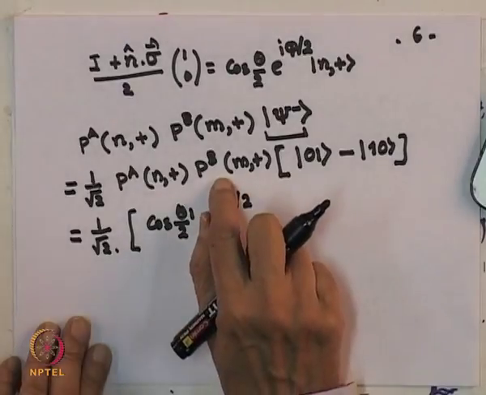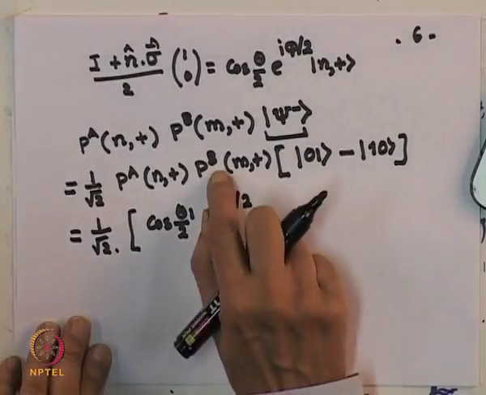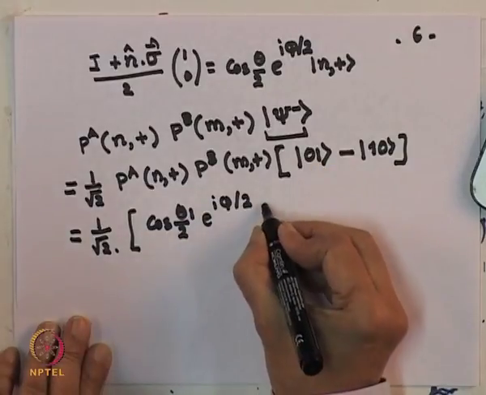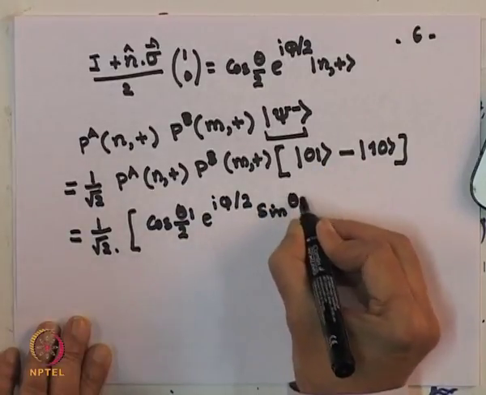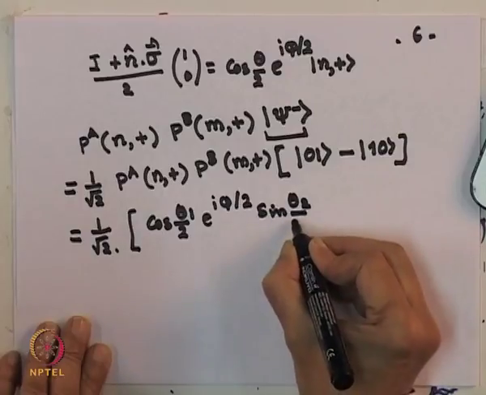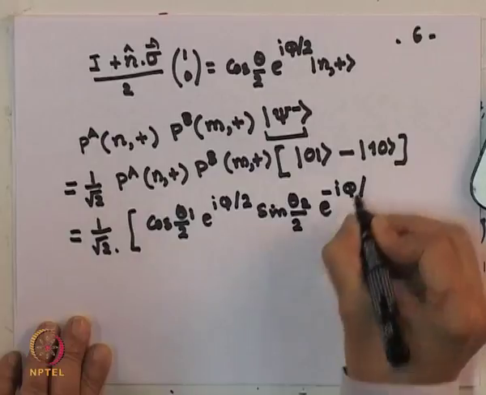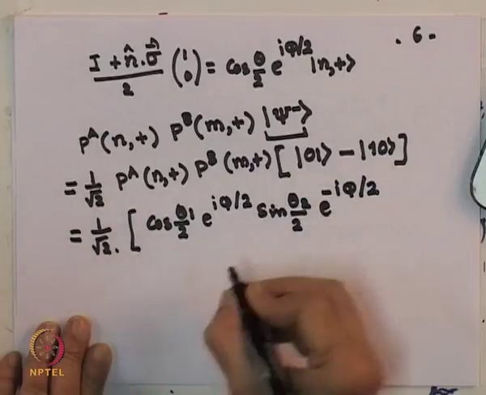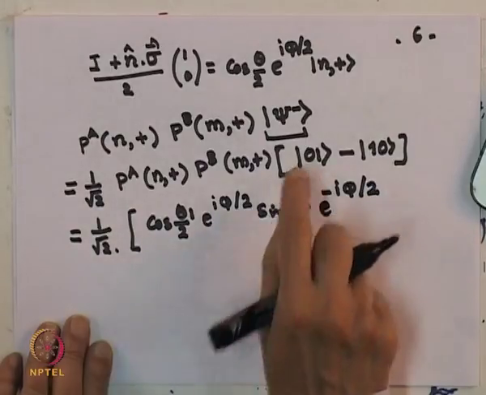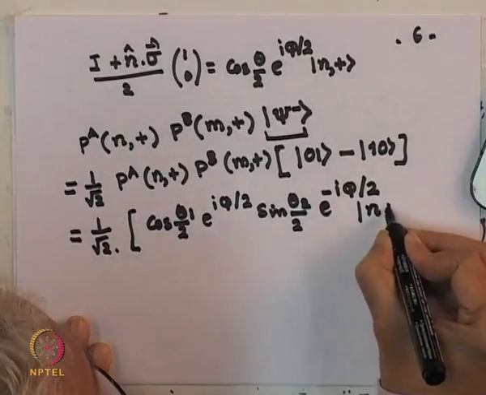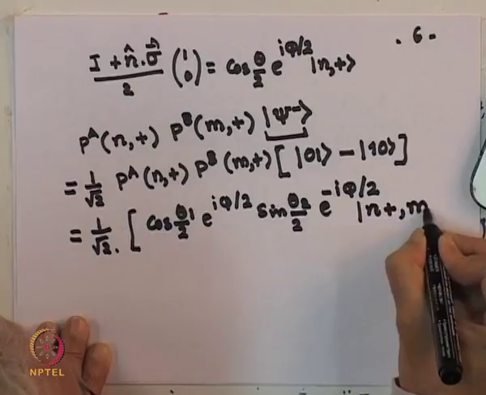And this one, because this is B, it's acting on 1. So you get sine theta 2 by 2, because this is direction m, into e to the power minus i phi by 2. And what this is projecting is n plus and m plus.